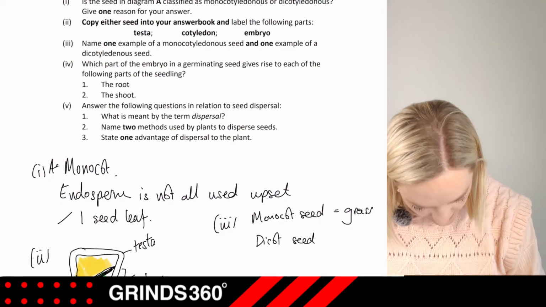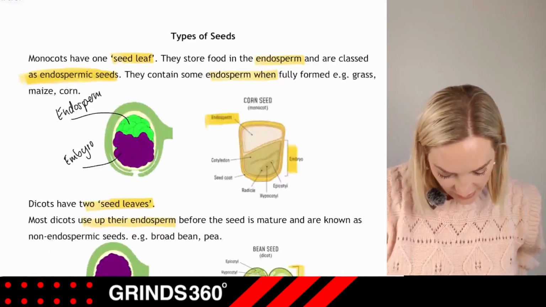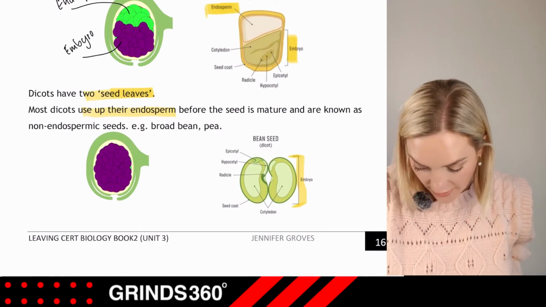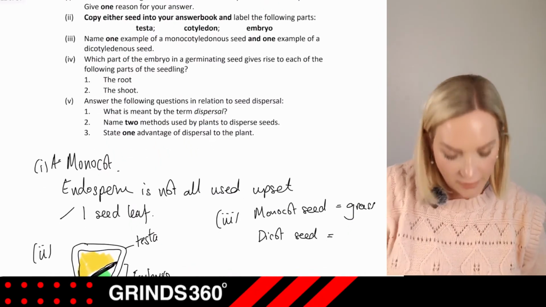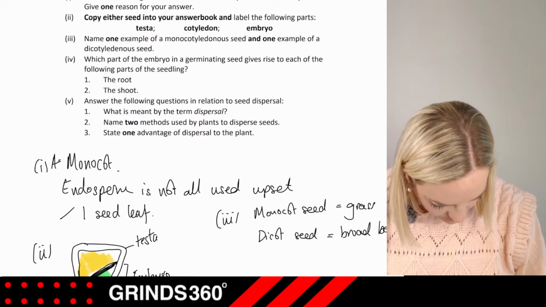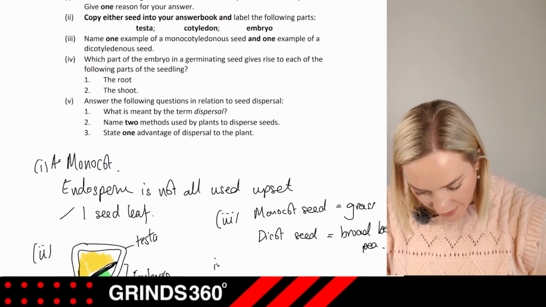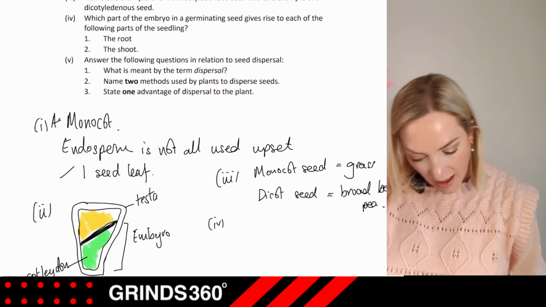Dicot seed, my mind's gone blank here. What did I say as an example? Broadbean, yes, sure. Pea. So then your answer, I'm going to go underneath here again so we can see.